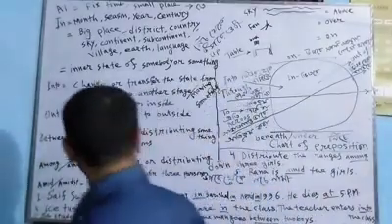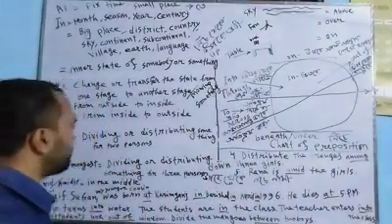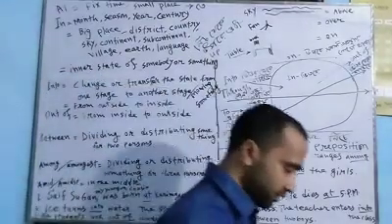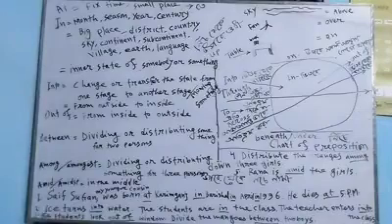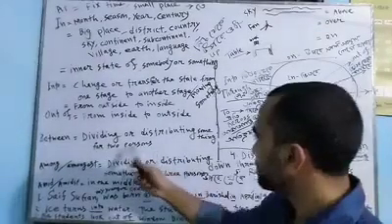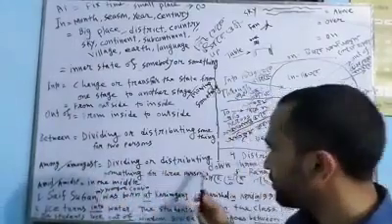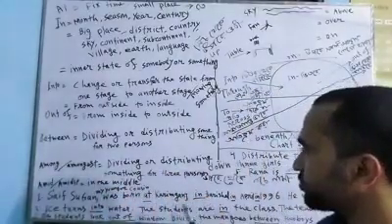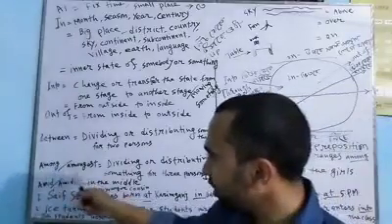Between. Dividing or distributing something for two persons, we have to use between. But dividing or distributing something for three persons or more than three persons, we have to use amongst.